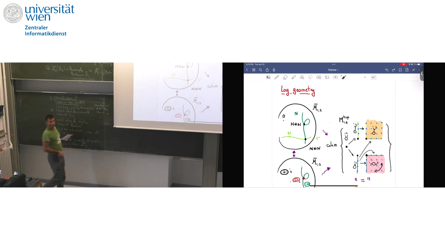And I haven't said what characteristic monoids of the log structure are, but this comes from these next two points, right? So we no longer have a global notion of monomial rational function. This we lose.